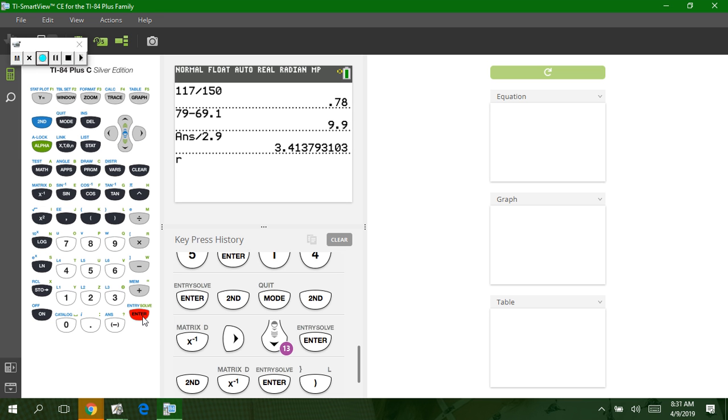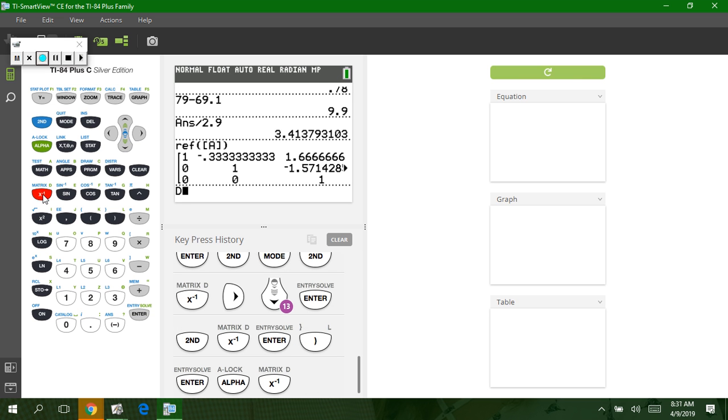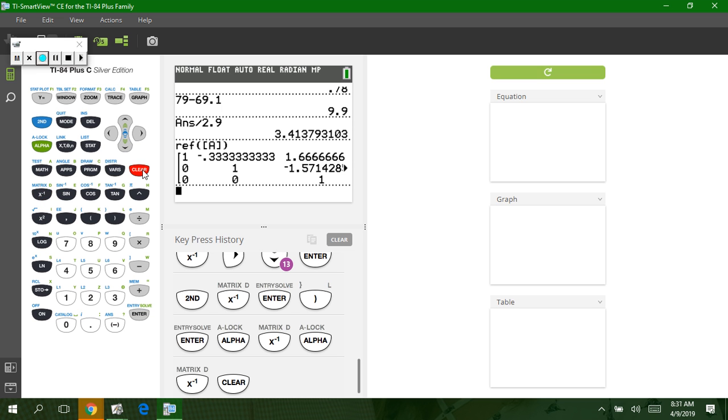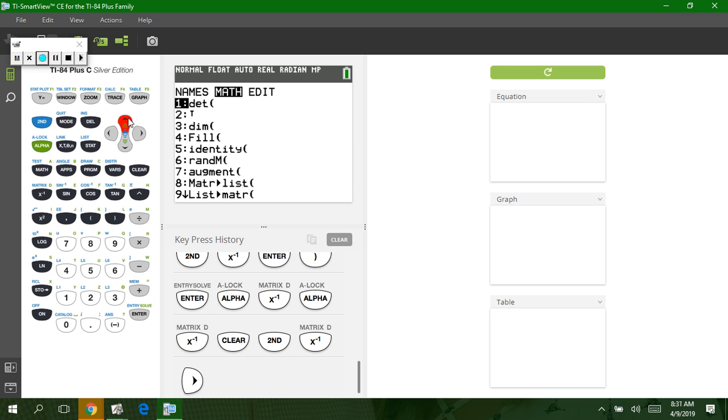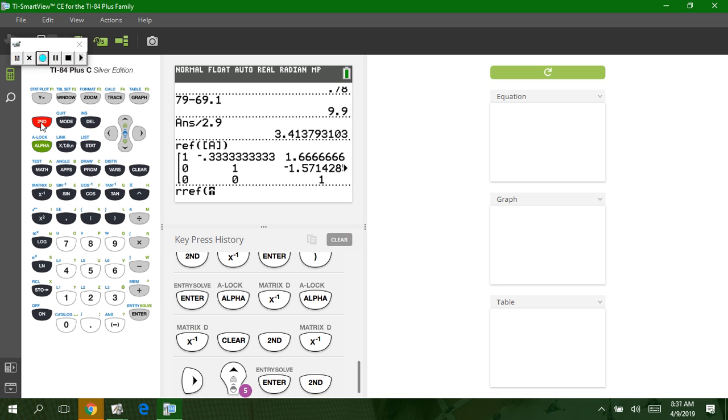Does that make sense? Okay, but if I do it again, matrix, math. You see how we get the reduced row echelon form of matrix A.